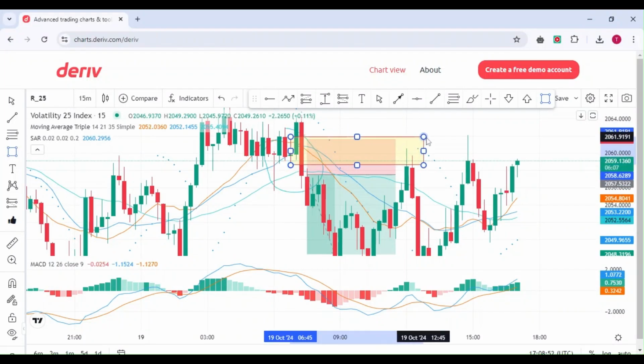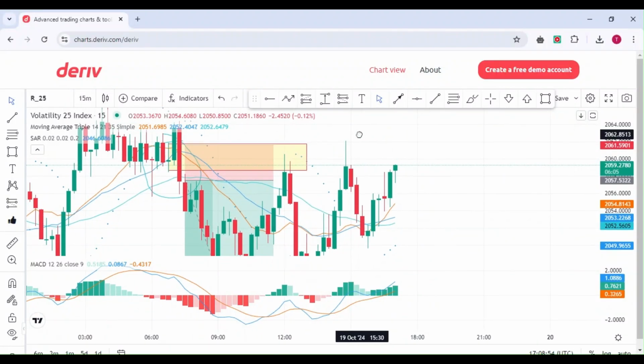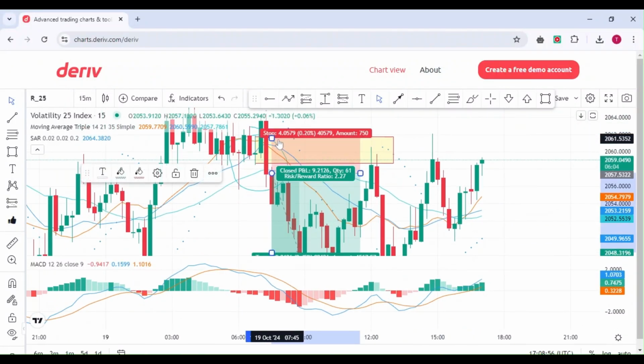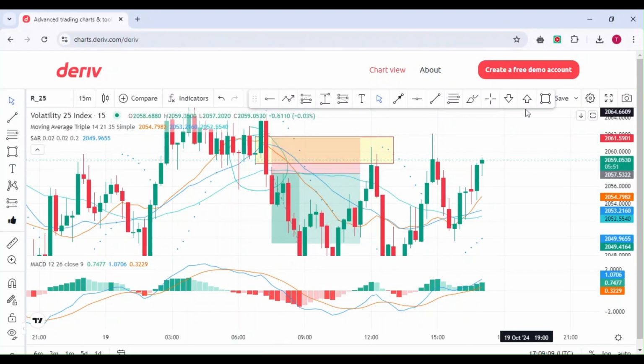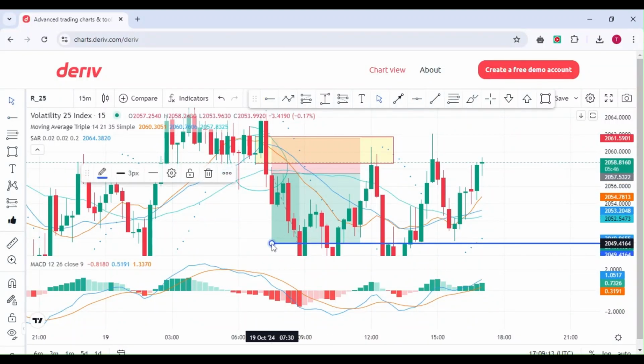This is the area I'm talking about. So your stop loss, you will put it at the end of that rectangular zone there. Then pick ratio 1:2, and where is the 2 reaching? At that point. And you see, you will have already scooped your profit and exited that market.